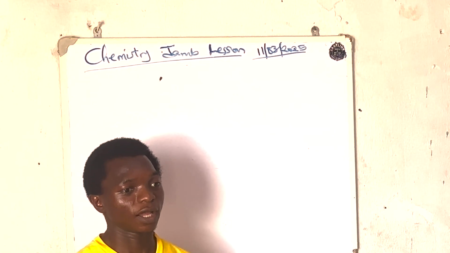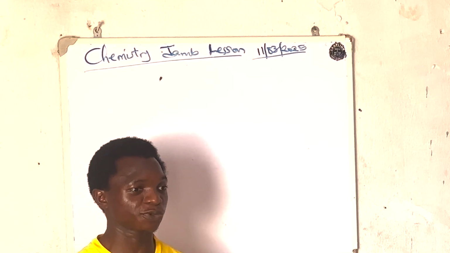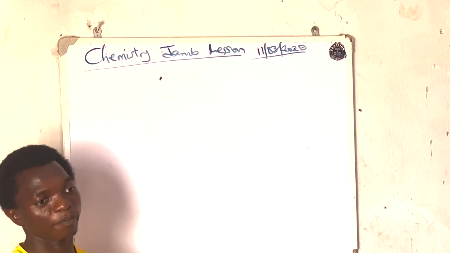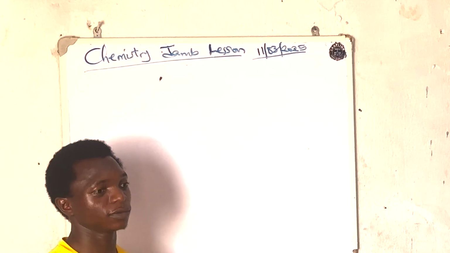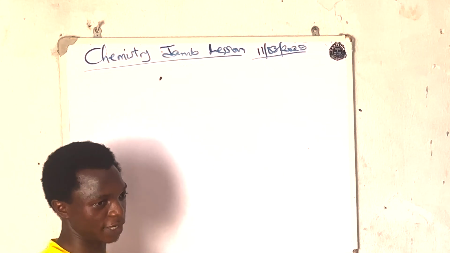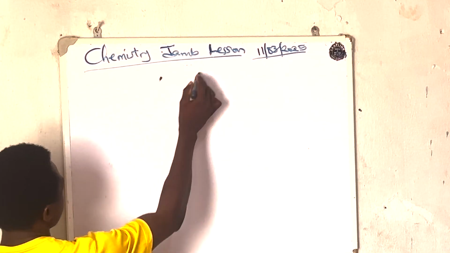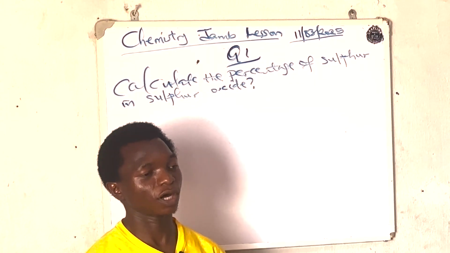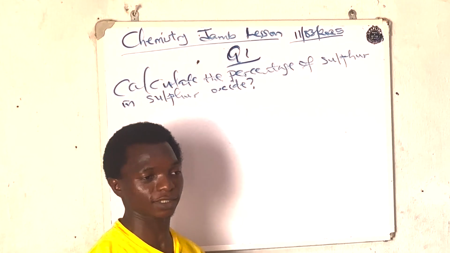Now, I want to start in this way. You are asked to find the percentage of sulfur in sulfur oxide. That is question 1. How do we find the percentage of sulfur in sulfur oxide?